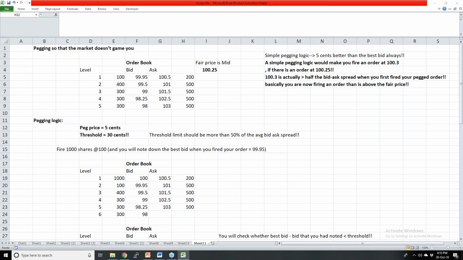Yes, you are getting a higher price, but you are not getting spoofed. You are getting at a higher price because the market might just want to move. It's quite possible. If somebody places an order at 100.3, which is already greater than the fair price, then it's quite possible that the market might move up. That is the point.